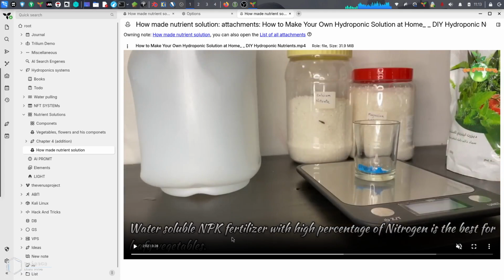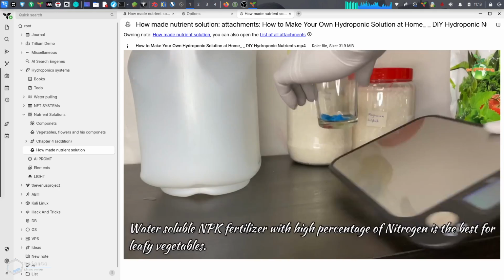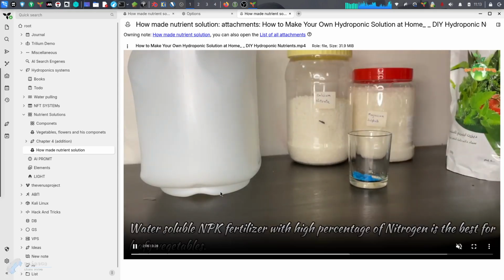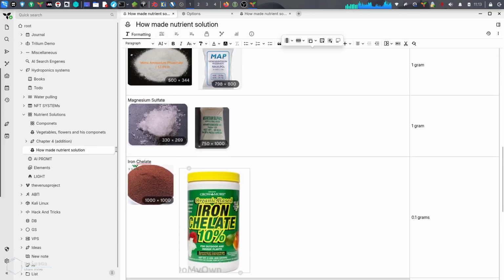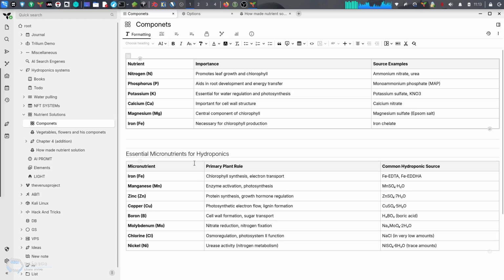Water soluble NPK fertilizer with high percentage of nitrogen is best for what? Leafy vegetables. Okay. Nitrogen promotes leaf growth and chlorophyll.